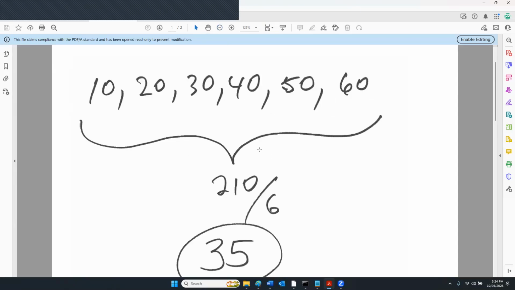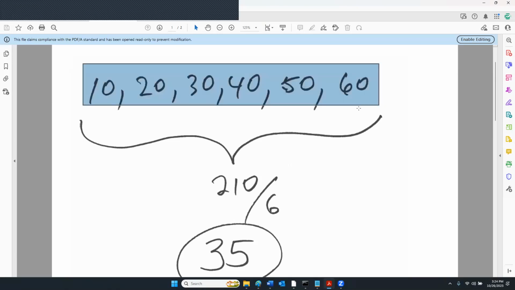So this is basic math, yeah? And when we talk about the mean or the average, if we have 6 values and they're increasing by 10, 10, 20, 30, 40, 50, 60, and we add those together, that gives us a sum, right? So in simple terms, the sum of the data's values would be an example of descriptive statistics, because it's a concrete thing.